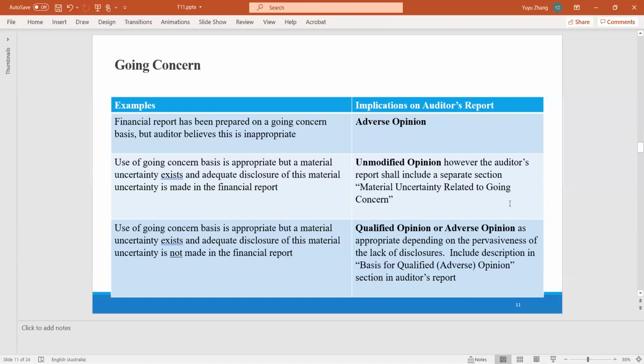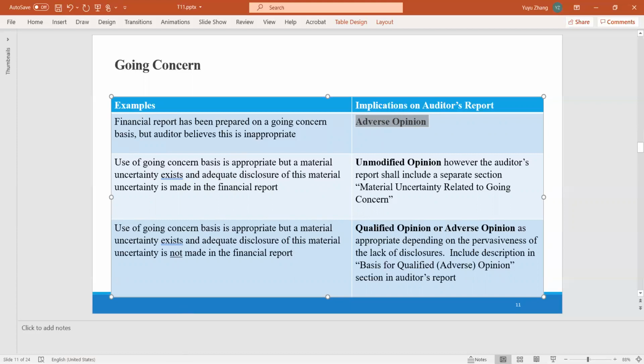For example, if the financial report has been prepared on a going concern basis, but auditors think they actually need to use liquidation-based accounting, so the fundamental basis of the accounting is disagreed. Of course, it is pervasive for the company's financial statements, right? So in that situation, auditors should issue an adverse opinion because fundamentally the accounting basis is incorrect.